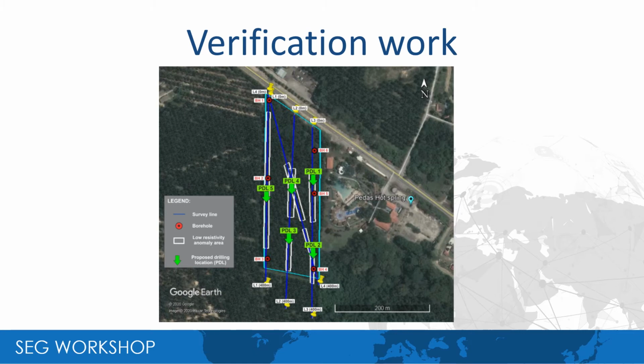We put these PDL locations to verify whether development can be built here or not. Our concern is whether the existing hot spring here will be affected when new development comes to this area.